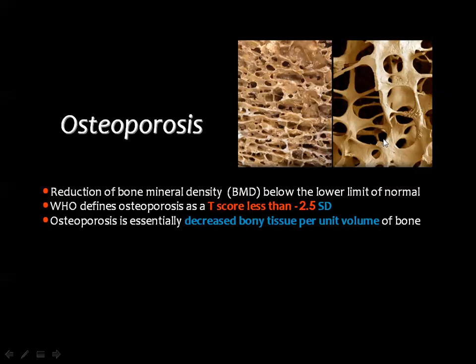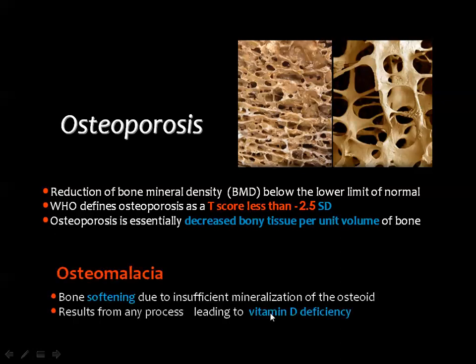Porotic means that there are pores inside the bone that are devoid of osseous material. Then osteoporosis is usually measured by many mechanisms, and the WHO defines osteoporosis as a T-score less than minus 2.5 standard deviations, as I will mention in a moment.